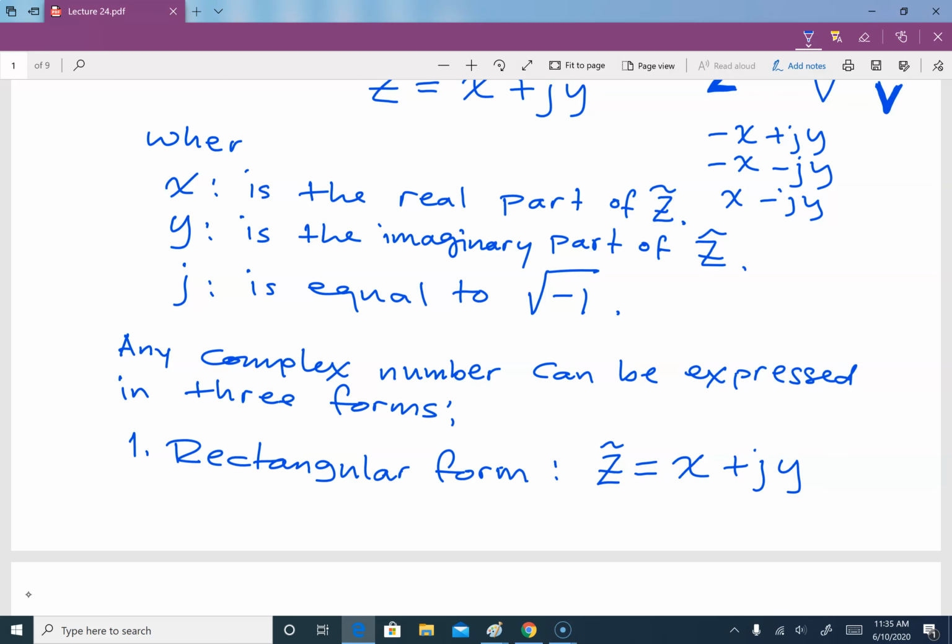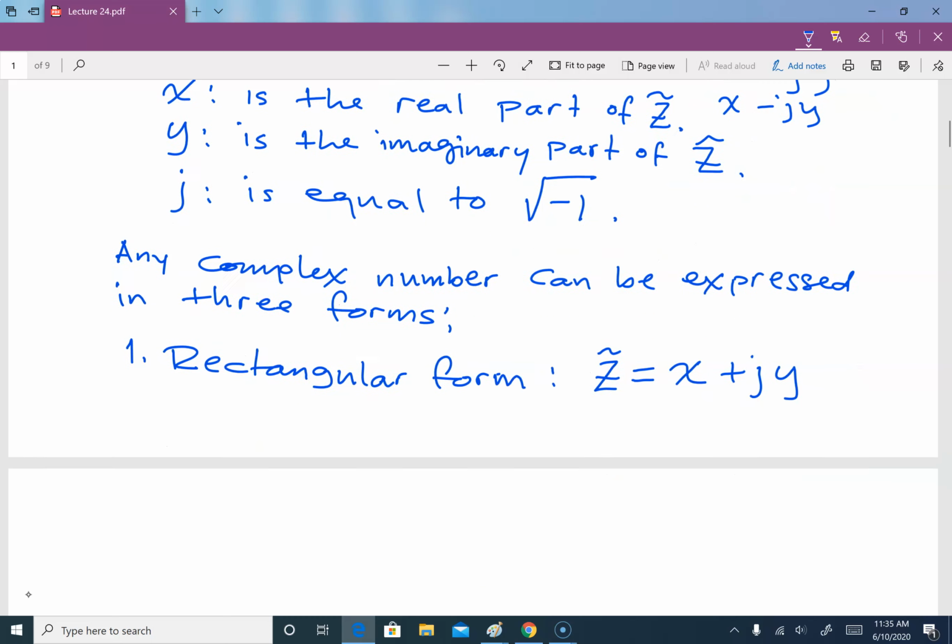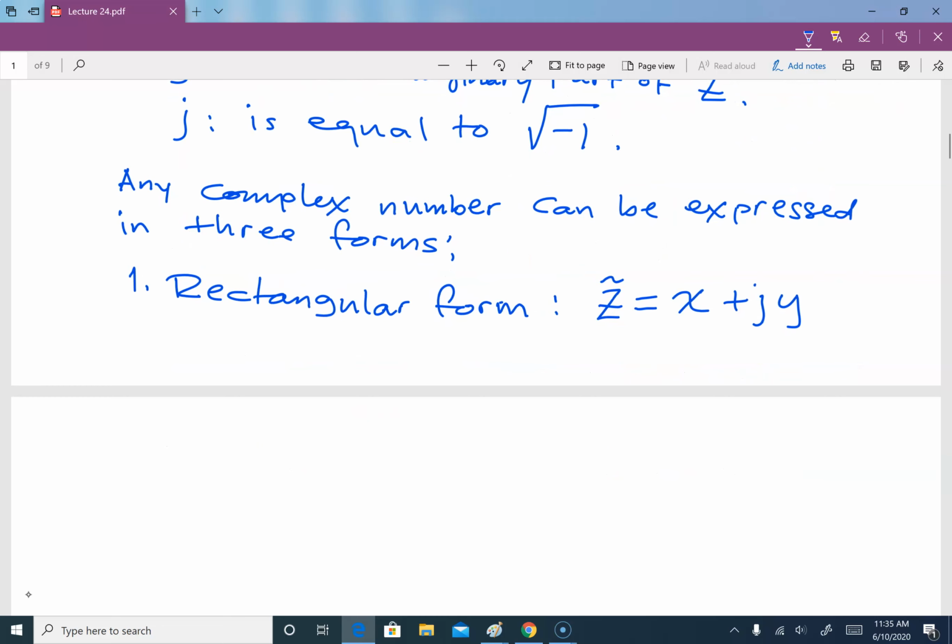When we have rectangular form, the real part and the imaginary part are known. And the second form is what we call polar form. In polar form, phasor z is equal to the magnitude z with a phase angle, let's say phi.